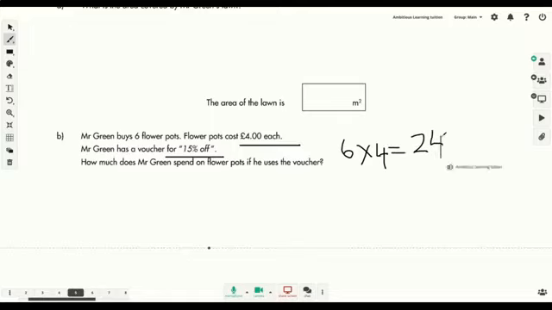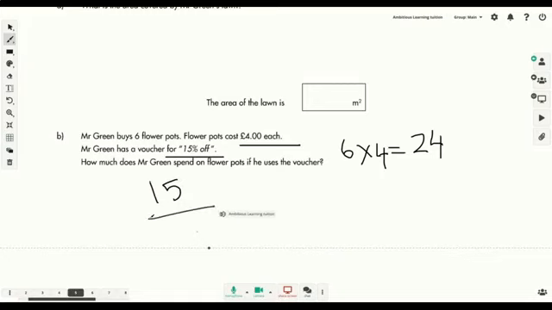That's not enough. You need to find out 15% of 24. I always tell you that if you need to find out 15% of 24, there are two ways of doing it.